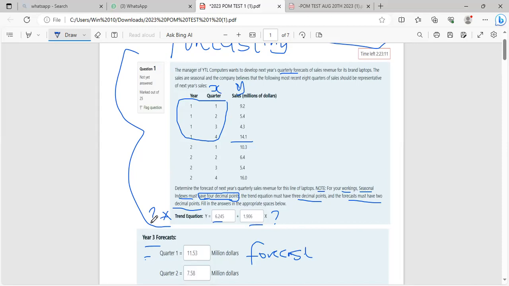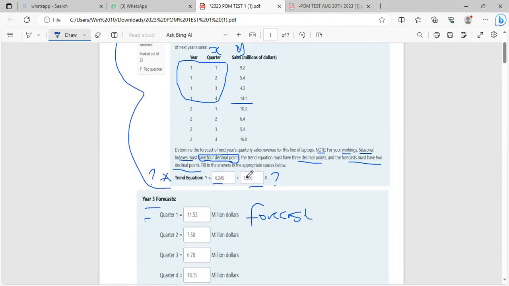When solving it normally, it was giving us approximately 6.2 something, but they didn't deseasonalize it, which was not correct. The correct answer is the one I've given out there, because that one was supposed to be deseasonalized.